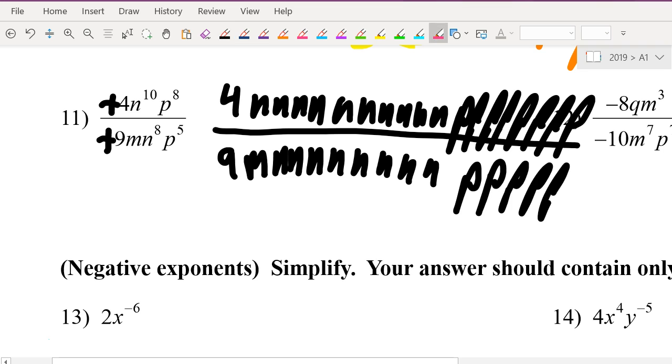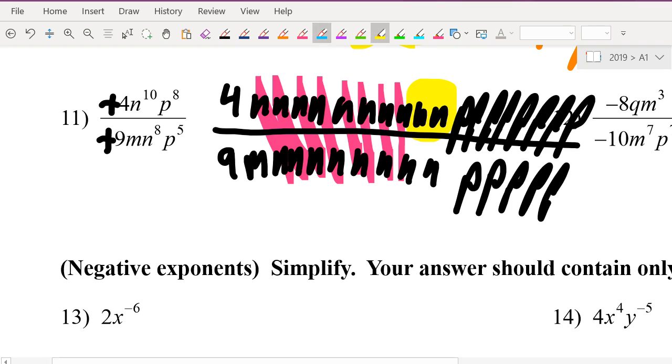Then the ends cancel each other out. Right. So let's see. We have 1, 2, 3, 4, 5, 6, 7, 8. But there's 2 left on top, right? 2 left on top. Okay. Now what? Then the P's cancel each other out. 1, 2, 3, 4, 5, and there are how many left on top? 3. 3 left on top.